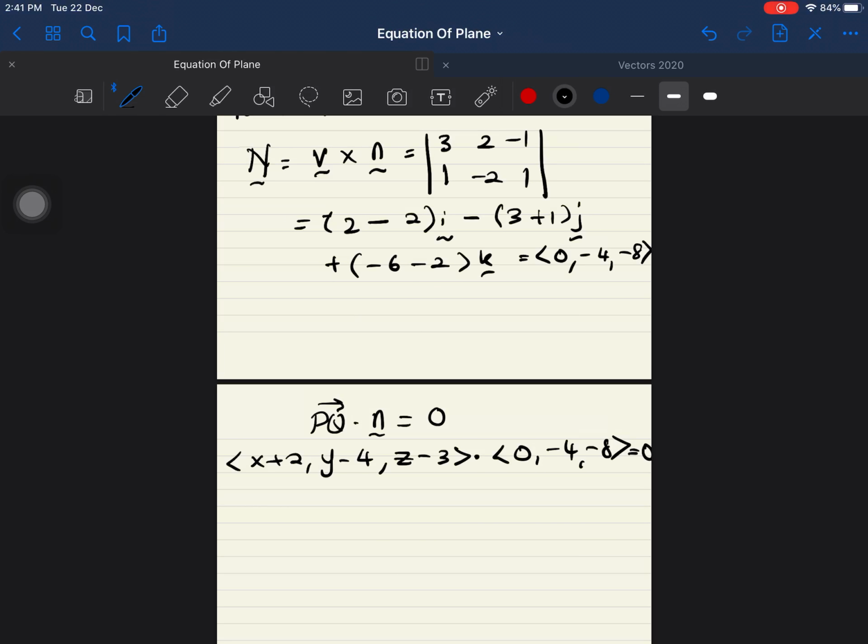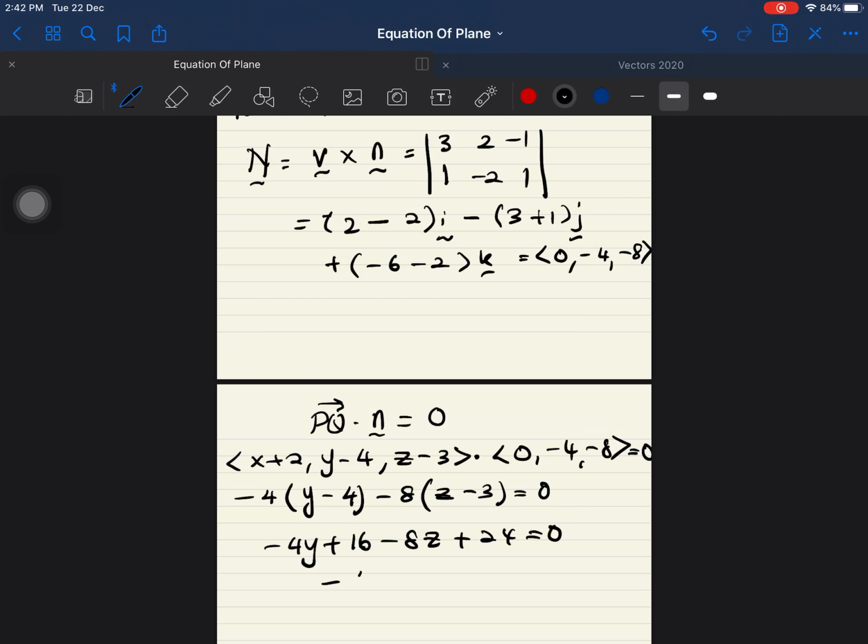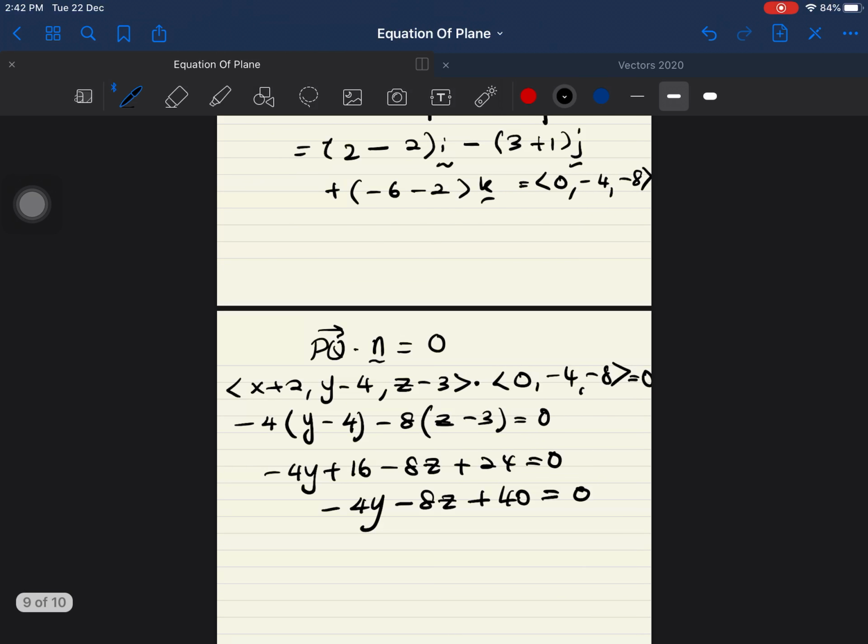Okay, so apply dot product, 0 multiplied by any function would be 0. So you left with -4(y minus 4) minus 8(z minus 3) is equals to 0. So the last answer will be -4y minus 8z plus 40 is equals to 0.